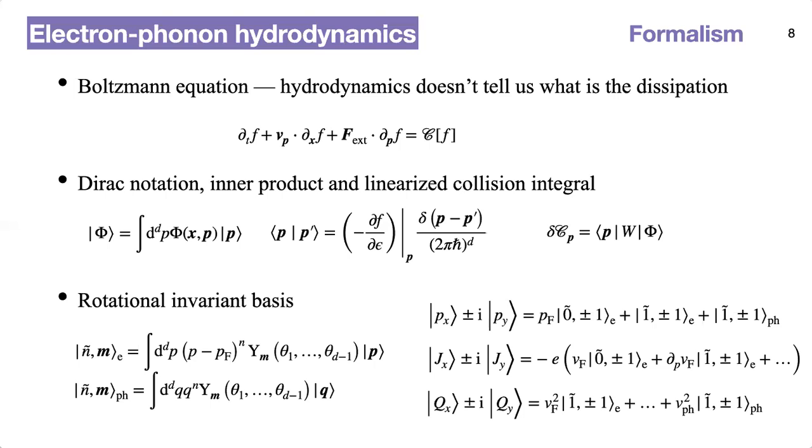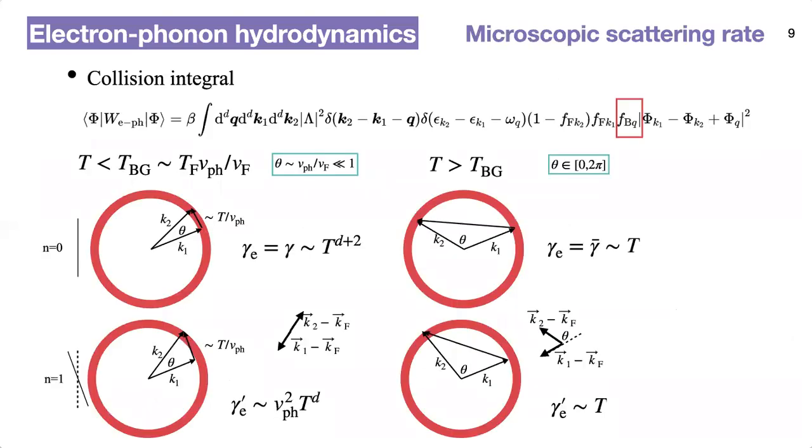And all the thermodynamic quantities can be written out by taking the right inner product. I will relegate these details to the paper. So let's focus on the microscopic scattering rate. As I just said, it can be written as a matrix, and phi is chosen by our settings.